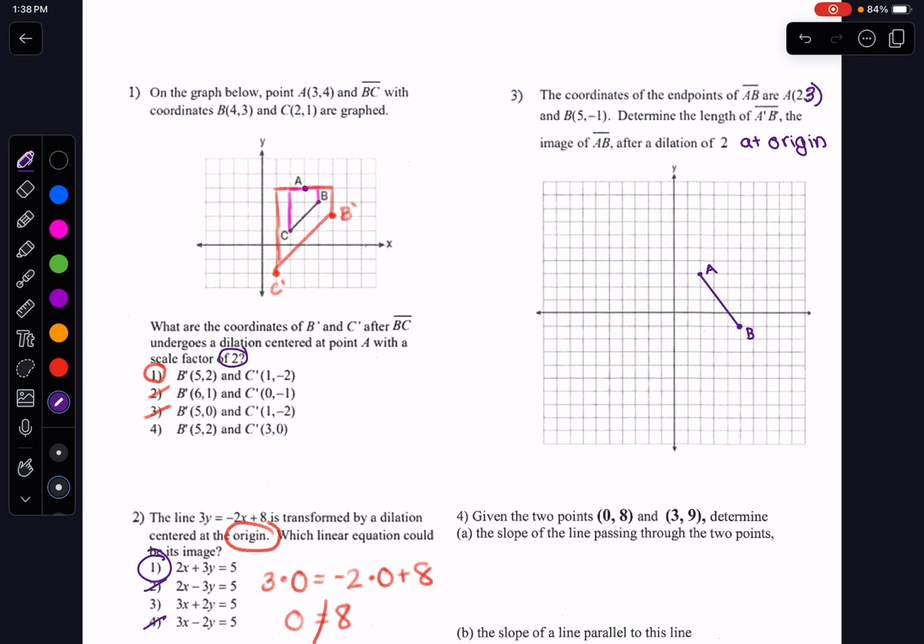So if you're dilating by the origin, all you would really have to do is multiply everything by the scale factor. So (2, 3) will become (4, 6). And B will become (10, negative 2).